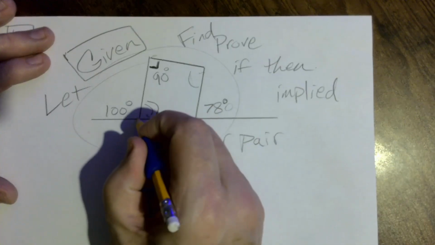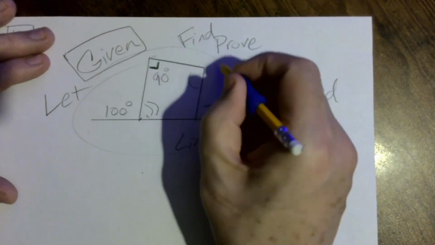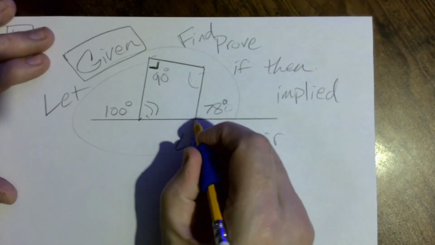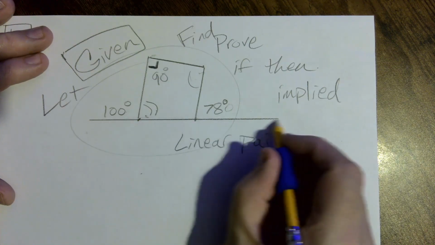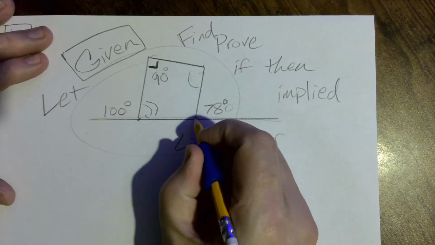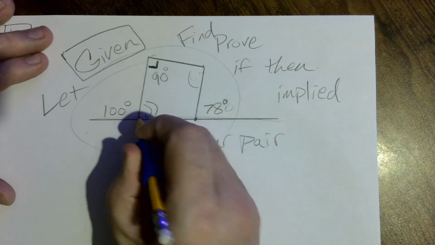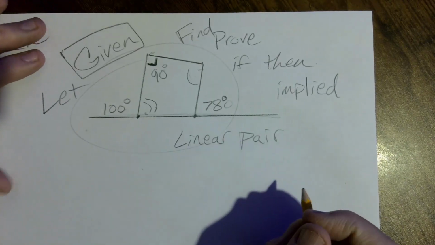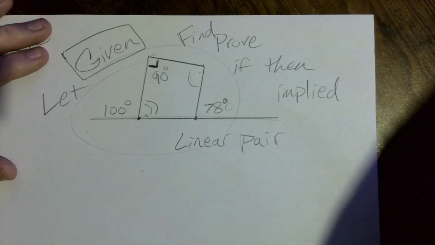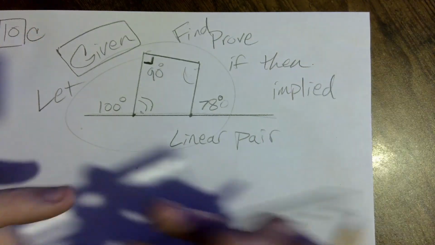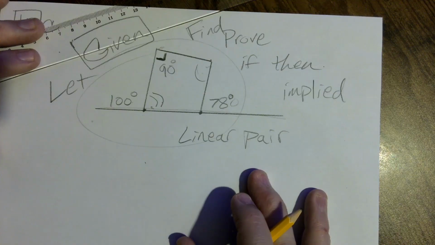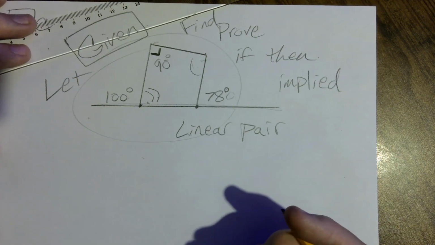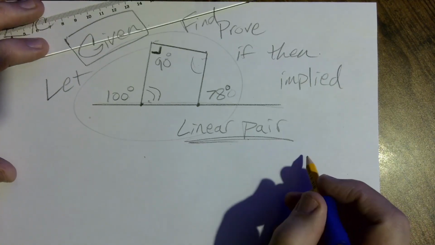We're assuming this is the quadrilateral or the tetragon that they're talking about. These vertices here are on the same line. So sometimes in the figures, maybe not assumptions, but there are some unspoken givens. Here we have a linear pair.